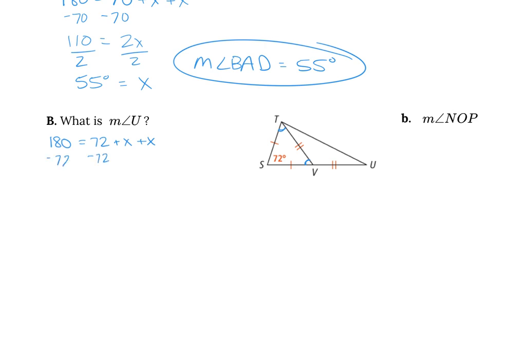I will subtract 72, and then divide by 2. Each of these measures is 54.